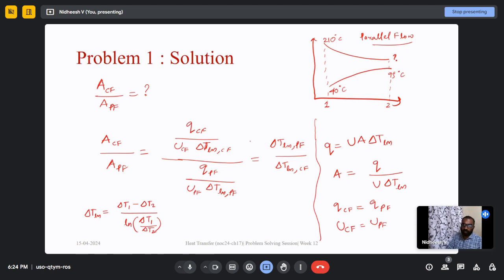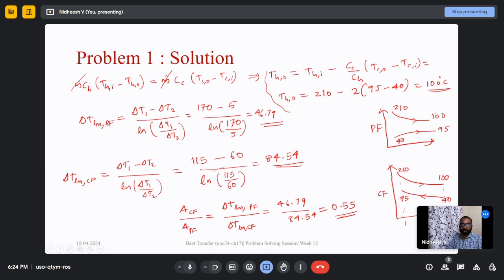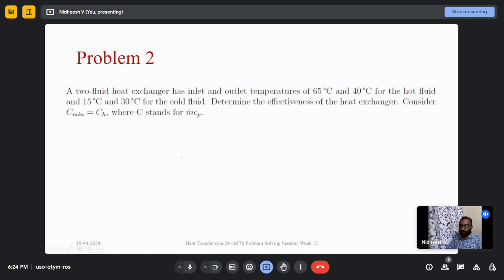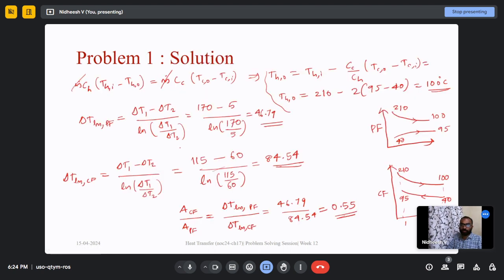For the log mean temperature difference, we needed the outlet temperature of the hot fluid, which we found using an energy balance. For the parallel flow and counterflow heat exchangers, we drew the temperature profiles and found the log mean temperature difference. We found the ratio to get the ratio of area for heat transfer in counterflow and parallel flow heat exchangers. Is that clear?